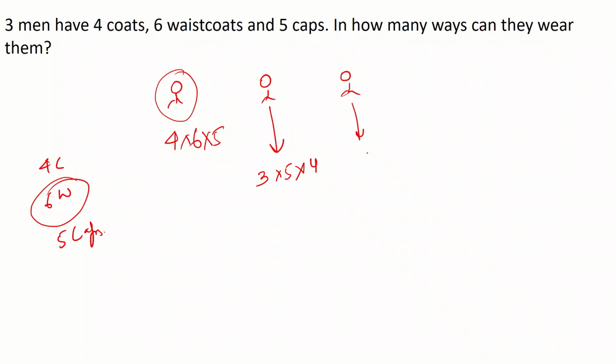And then for this person, he has 2 coats, 4 waistcoats, and 3 caps to choose from. Of course, he cannot choose the same things which are already taken by the first persons. So the total answer is this multiplied by this multiplied by this. These are the total possible combinations in which they can wear these 4 coats, 6 waistcoats, and 5 caps.